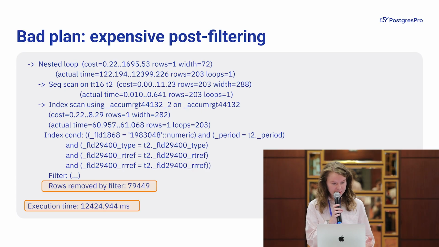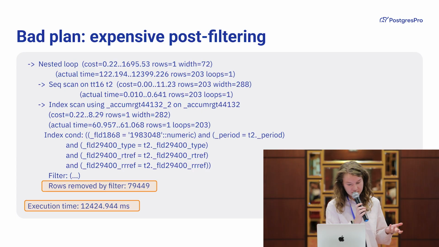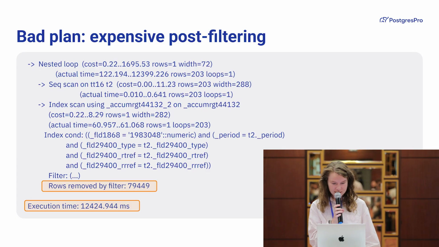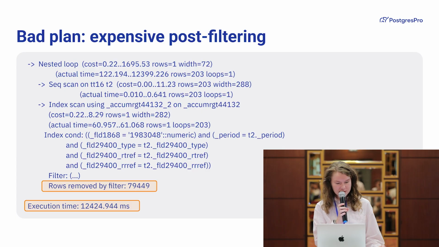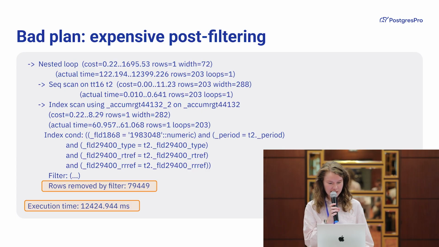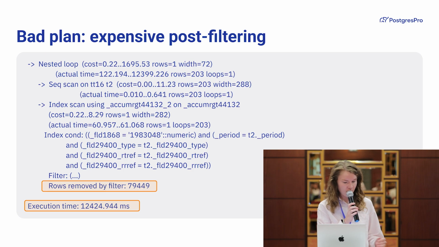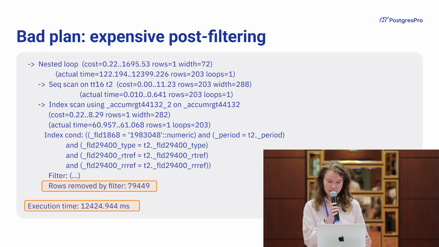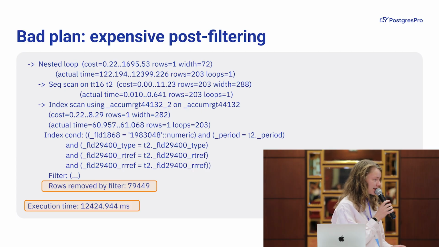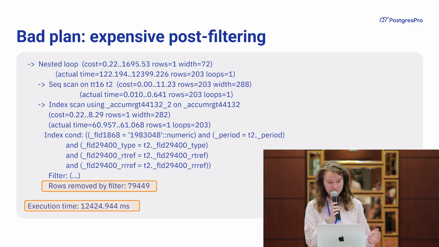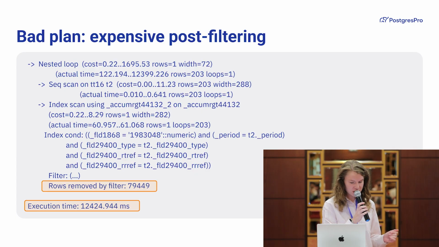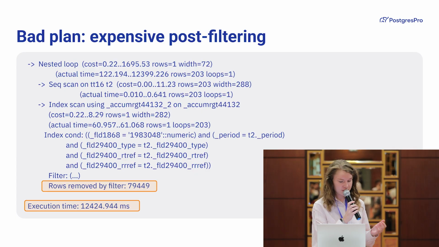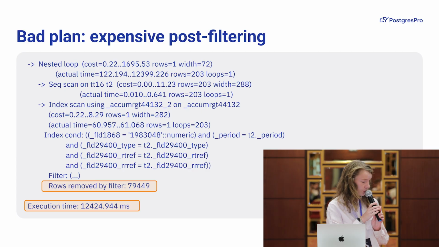The line "Rows Removed by Filter" shows about 80,000. This means the index brought too many candidates, and most of them were removed only after the index access. So the problem is not that the filtering itself happened. The problem is that too much data reached the filter, and this is what makes the plan slow.